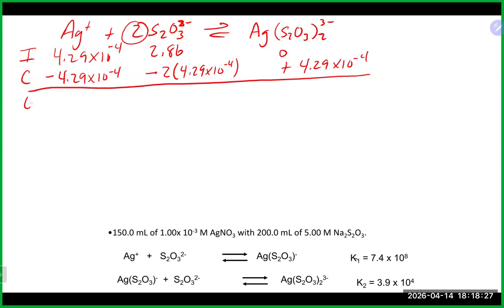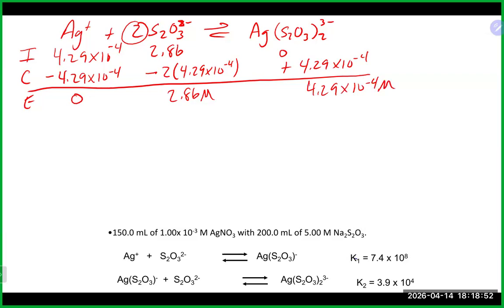That means when we reach equilibrium, we have none of that silver left over. For the ligand we have 2.86 minus 2 times 4.29 times 10 to the minus 4, which is essentially still about 2.86, and we'll have 4.29 times 10 to the minus 4 molar of the complex.